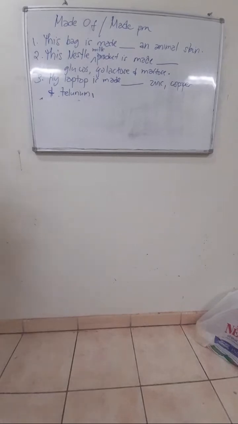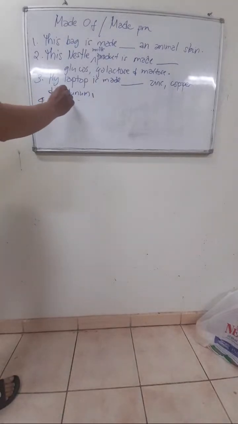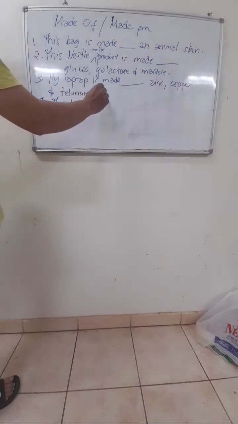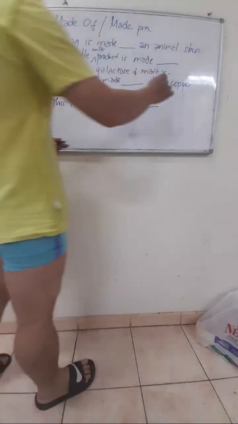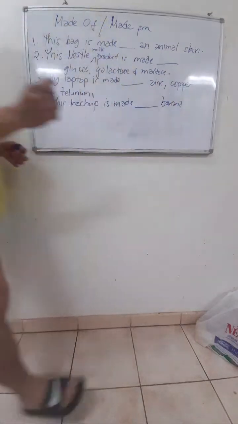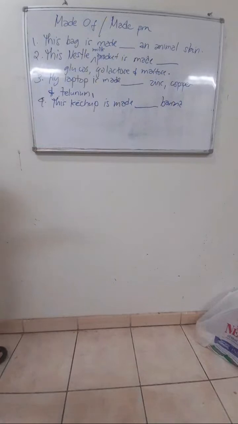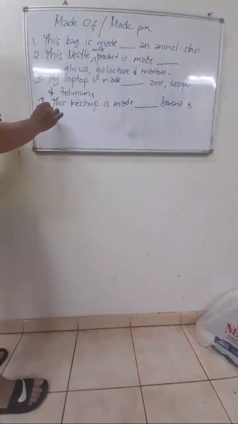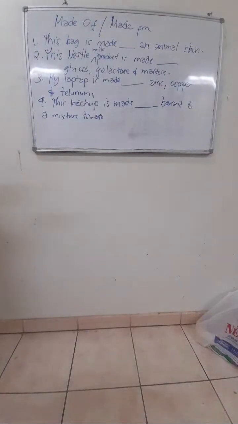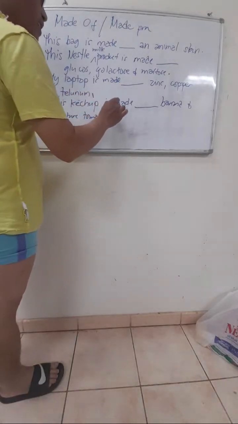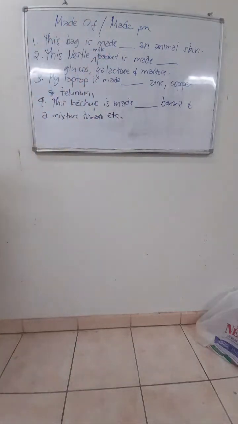This ketchup is made blank banana, and a mixture of tomato, and others, et cetera. So four only, because it's difficult to create our own sentences, right?